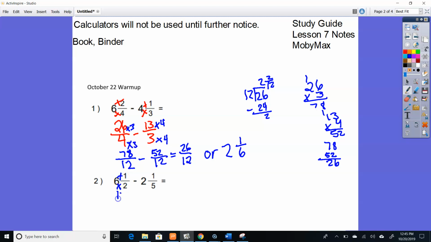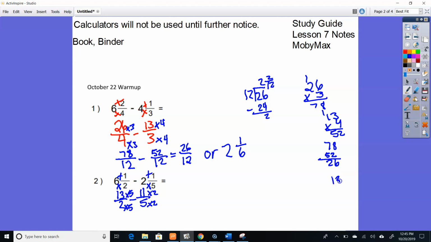And the next one, 6 times 2 is 12, plus 1 is 13 over 2, minus 2 times 5 is 10, plus 1 is 11 over 5. Our common denominator here is 10, so 2 times 5 is 10, 13 times 5, and then 5 times 2 is 10, so 11 times 2.